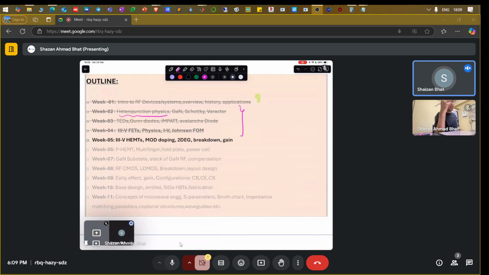things which will be covered in today's lecture, just like if you talk about the HEMTs, the gallium nitride, AlGaN HEMTs, and some of the basics about 2D electron gas. But we will go into the deeper physics of what these things are in these particular devices.